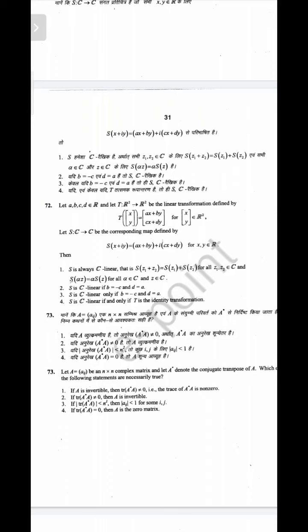No, they are asking about A star A, not A. So what will be my A star A? 1 square, omega square, so it will be the square of them. Let me see, 1, omega, omega square. Again, it won't be 0.